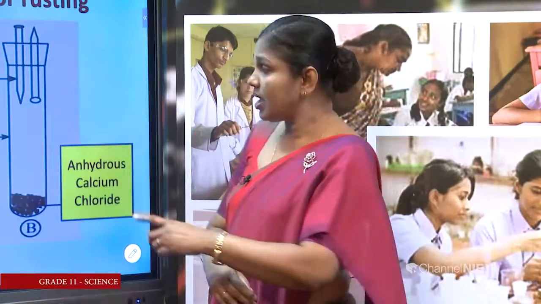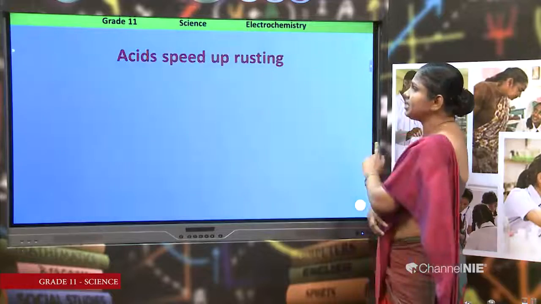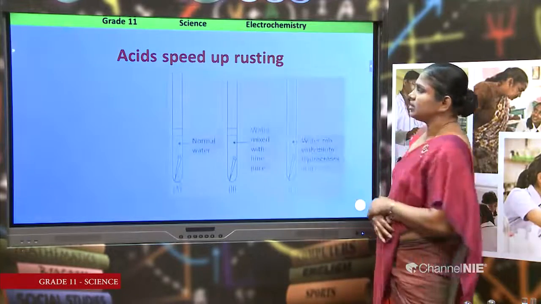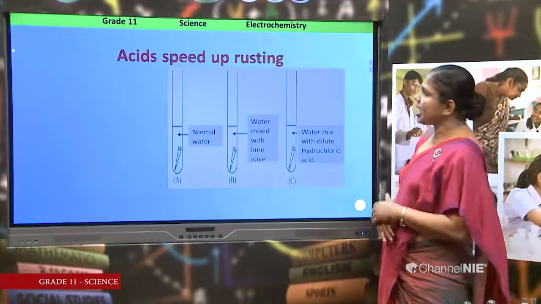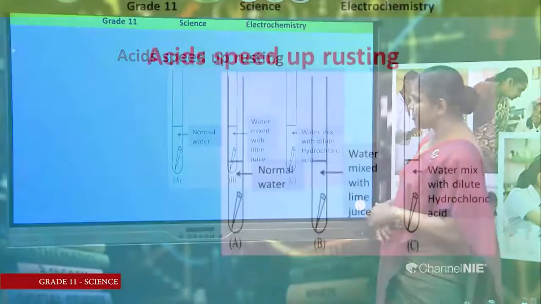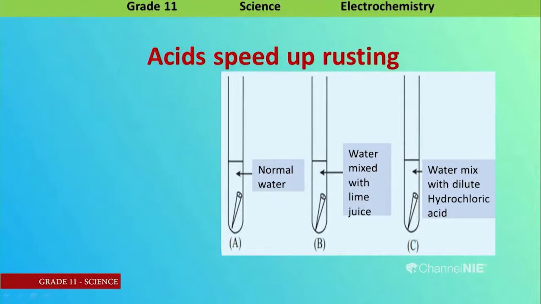Okay, children. Now, these simple activities show you acids speed up rusting. Children, 3 test tubes have to be taken like this, and 3 clean iron nails must be placed inside them, and then here normal water, water mixed with lime juice, and water mixed with dilute hydrochloric acid.